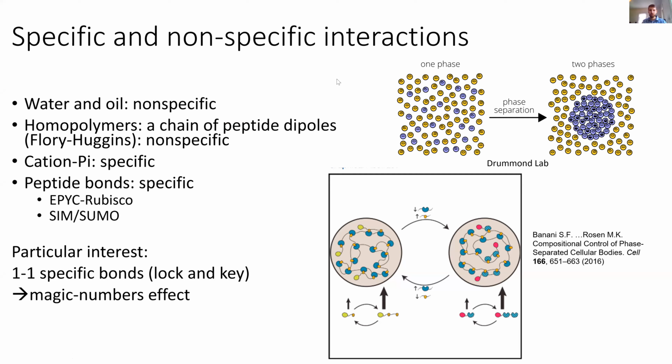And the same would be true for the Flory-Huggins homopolymers, where each monomer is interacting with all the other monomers in the same way, perhaps because they're hydrophobic or hydrophilic.